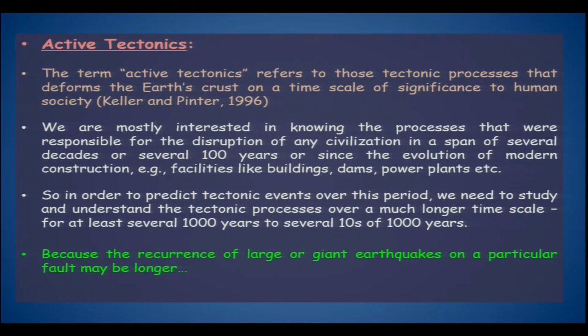So, if we study a very small span of time, say 100 years, we may end up saying that there is no earthquake in the future, but there may be an evidence or signature sitting in the sediments or the landform, which tells us about an earthquake which occurred 1,000 years back, or close to 10,000 years back.